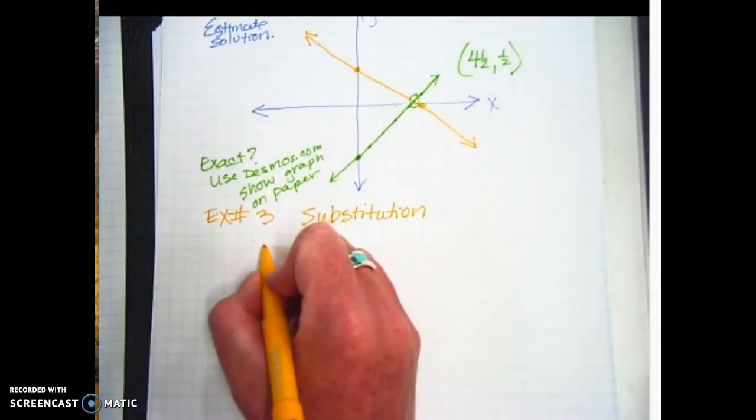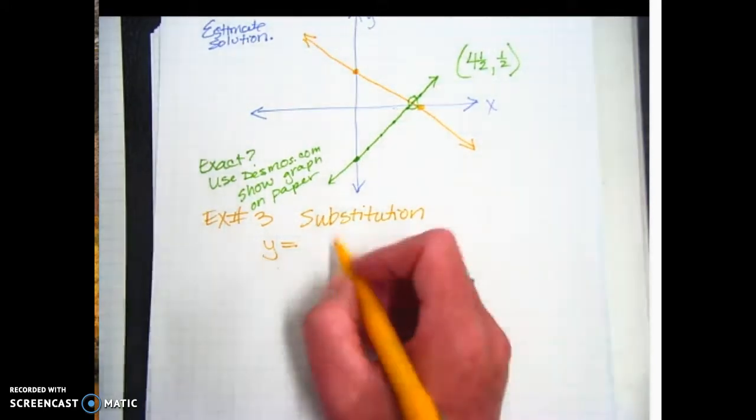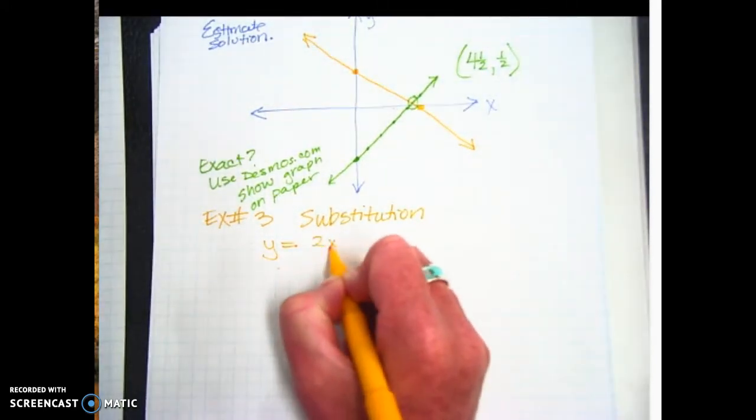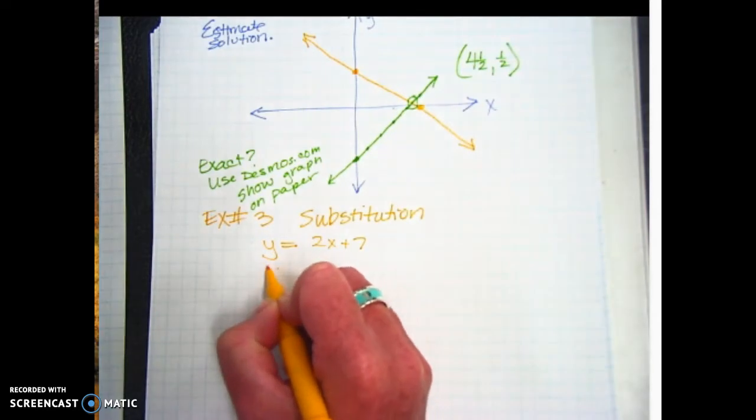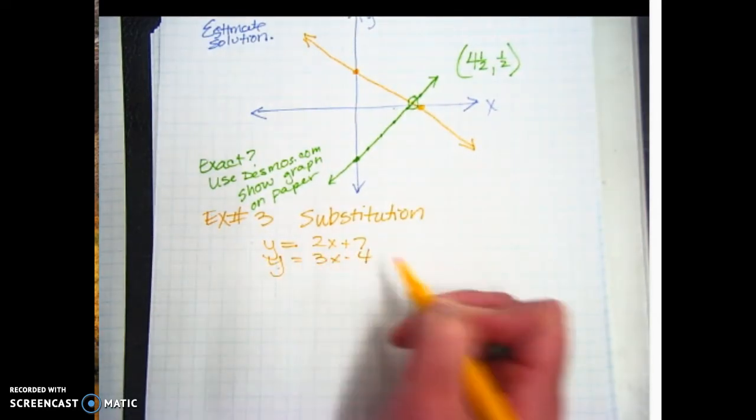Substitution is kind of the easiest one, but basically you want to solve one of the equations for one of its variables and then substitute it into the other. So the first equation is y equals 2x plus 7. The second equation is y equals 3x minus 4.